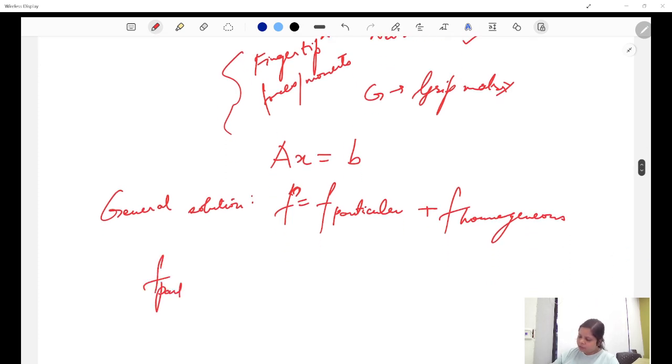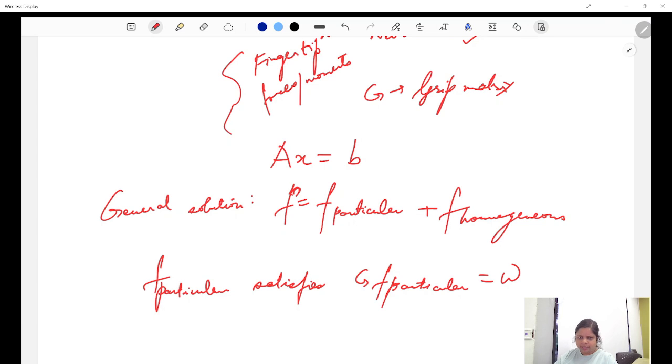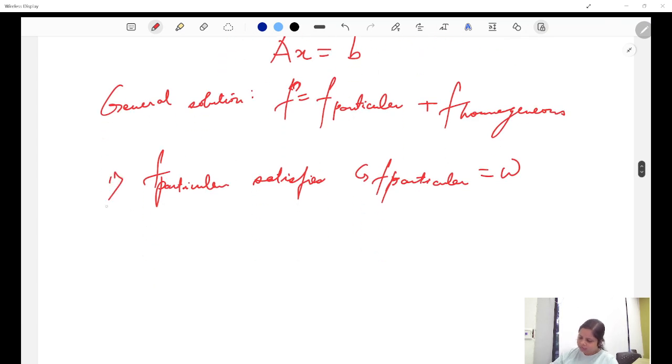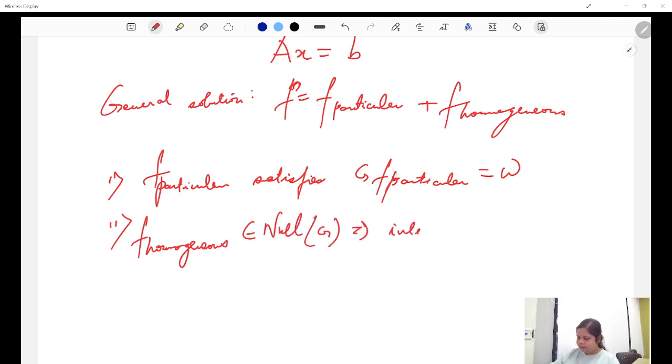F particular, the particular solution, satisfies G F particular is equal to W, right? And F homogeneous belongs to the null space of G, that is the internal forces that basically do not affect the wrench.